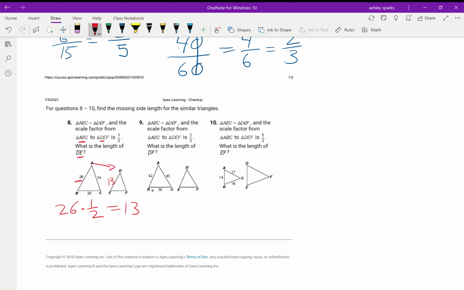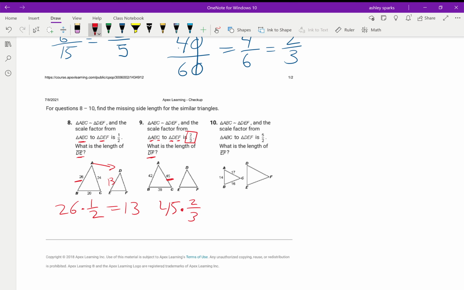So this is very similar. What's DF? Well, D is at the front, F is at the back. These would be problems I start off at the bottom to figure out what they want first. That should match with A at the front and C at the back. AC here is 45. Okay, so I'm going to do 45 times my scale factor of 2 over 3.